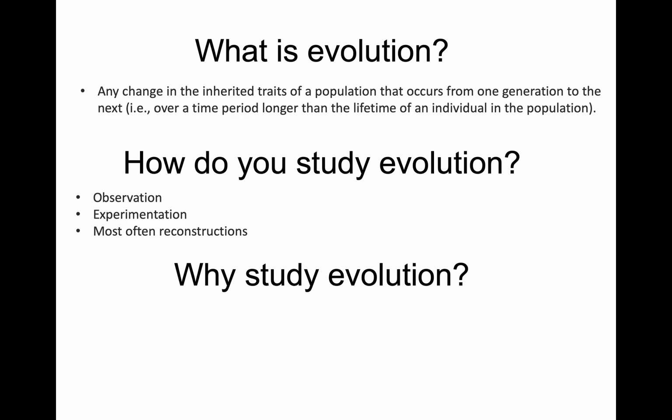But most often when we're studying evolution, we're doing some sort of reconstruction. And that generally involves some sort of historical view, using phylogeny, using the paleo record, other things like that, where we're going back and we're literally trying to reconstruct something because we can't observe it directly.